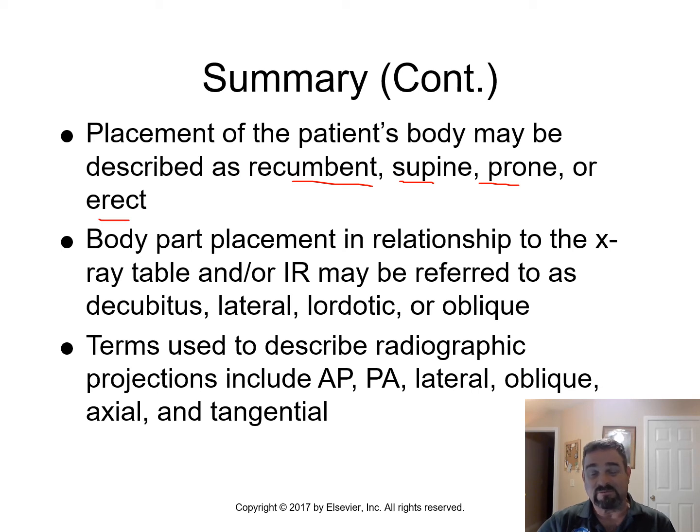Patient body part placement in relationship to the X-ray table and or the IR may be referred to as decubitus, lateral, lordotic, or oblique. And then the terms to describe radiographic projections include anterior posterior, which is AP, posterior anterior, which is PA, lateral, oblique, axial, and tangential.